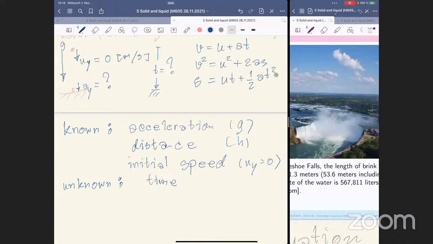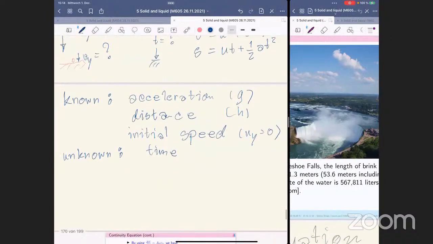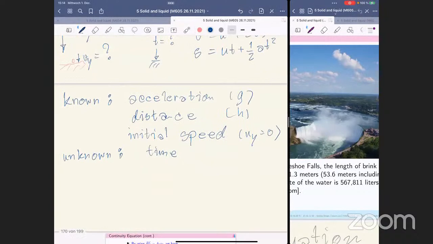So the one that most coincides with our target is this one: s equals ut plus 1/2 at squared.